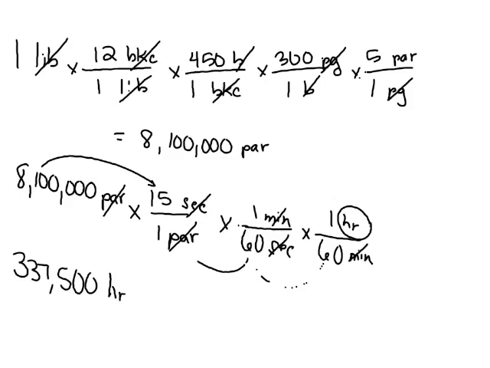And then convert that into days. How many hours in one day? 24. Hours on top or bottom? Hours on bottom, you need hours to cancel. Okay, so 14,062 and a half days. Okay, and then how many weeks?